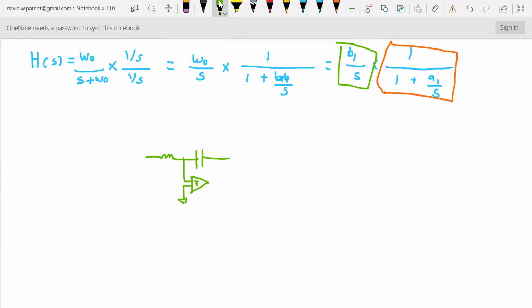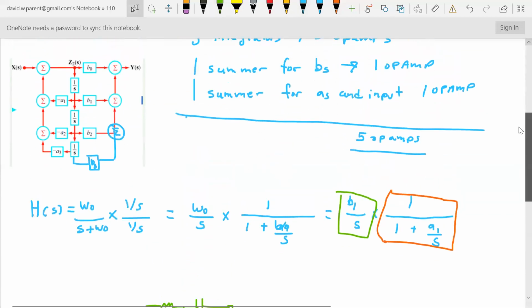All right, now, if you recall from up here, the signal came in, it's going through one integrator, and then we have to multiply it by B1, all right? And so we're not adding anything, but we do need to somehow change that value.